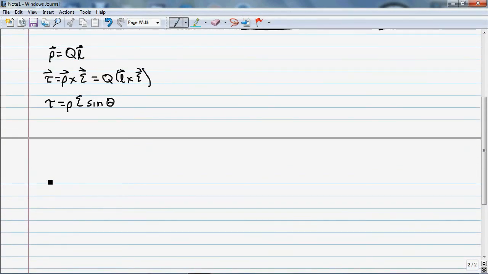Now let's define the work. The work to move that dipole going from angle theta 1 to theta 2 is the integral of minus the torque d theta. And that's just going to be equal to the negative of the integral from theta 1 to theta 2 of dipole moment times electric field times sine of theta d theta.